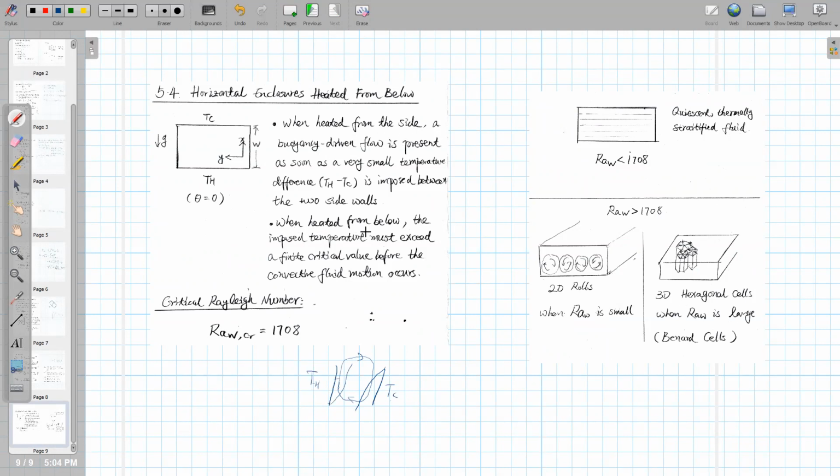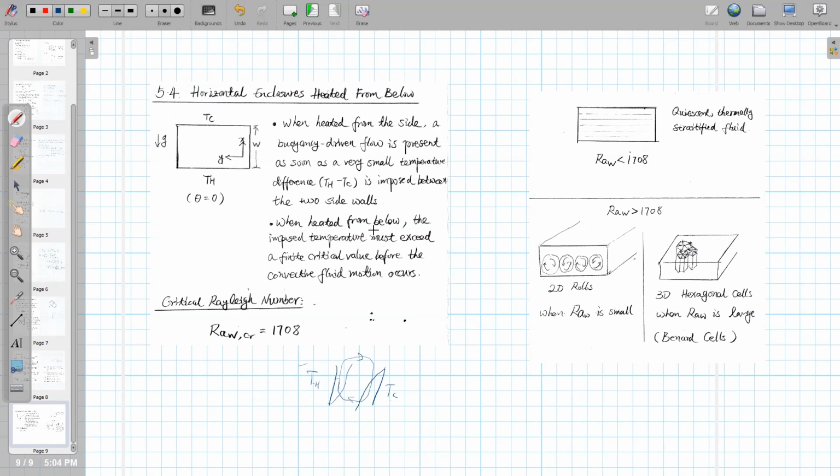But if you have heating from the bottom, with TH here and TC here, and the difference between the hot temperature and the cold temperature is very small, you may not have any convection flow. What does that mean?